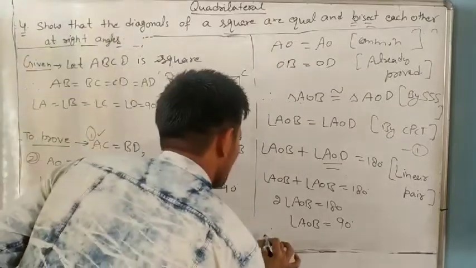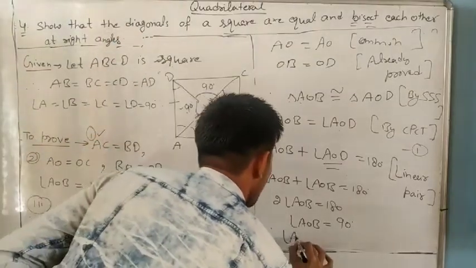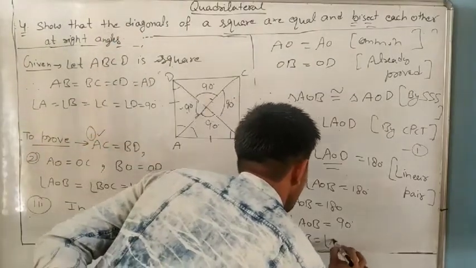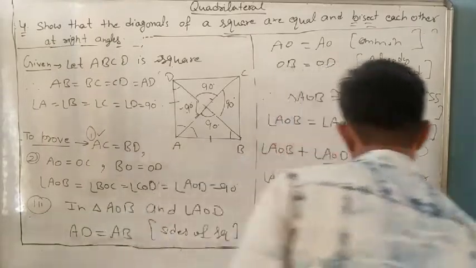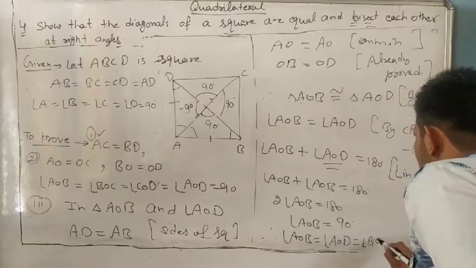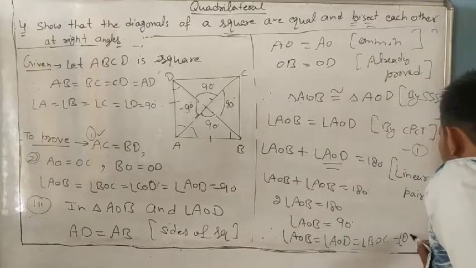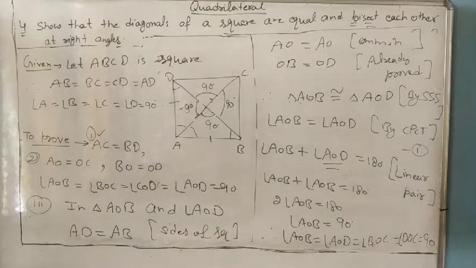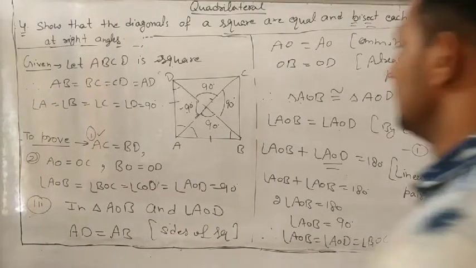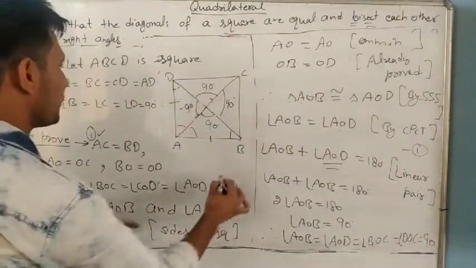Therefore, angle AOB, AOD, angle BOC and angle DOC equal 90 degrees. Do you understand it? So each angle is 90 degrees, we already proved that.